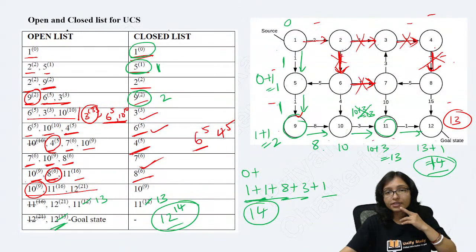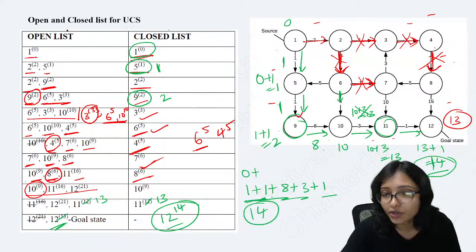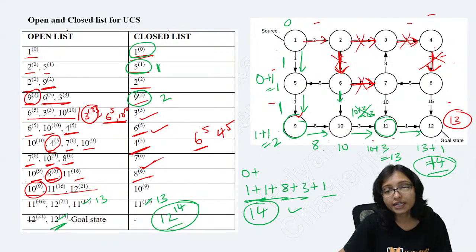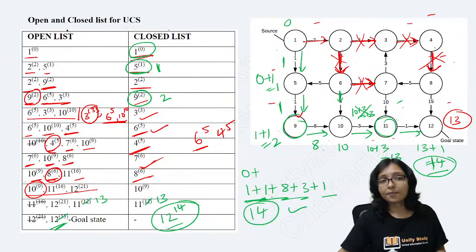Because when I was visiting through this way, the path was coming maximum, right? Then it was coming maximum. So 14 is the correct answer. Otherwise when we explore, this value was coming more. Here this value was more. That was where I did the updation.